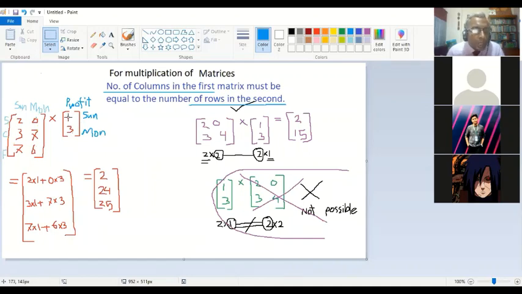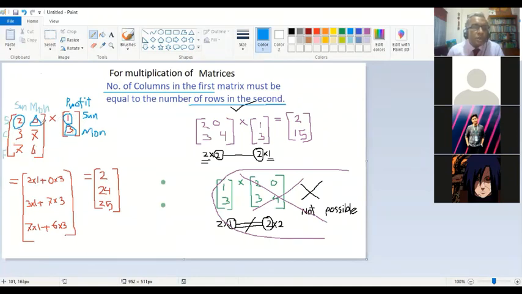So now you are multiplying: 2 into 1, plus 0 into 3. In this, I sold 2 Sprites on Sunday, and the profit for one Sprite is 1 taka, so 2 into 1.